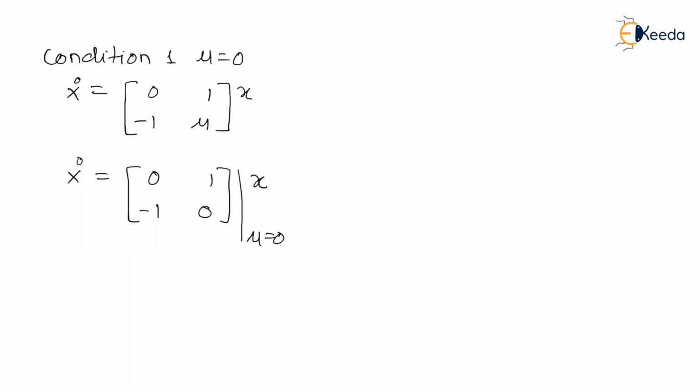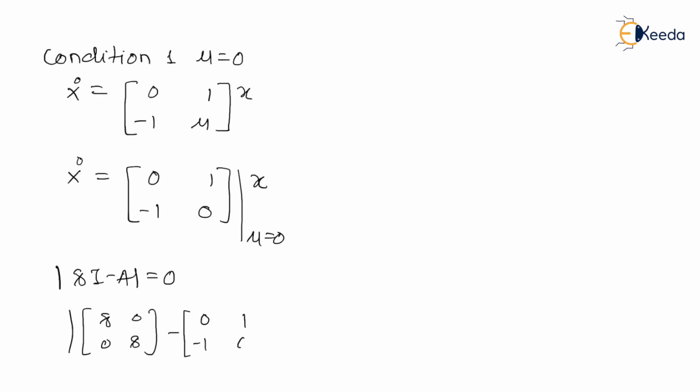So now I'll go with the determinant of sI minus A equated to 0 condition. So determinant of s, 0, 0, s minus A. What is the A matrix? 0, 1, minus 1, 0.